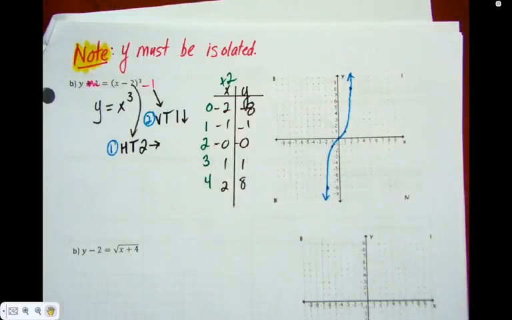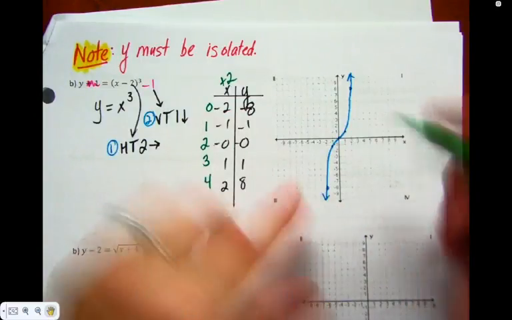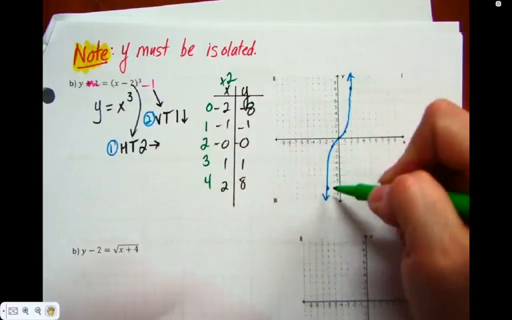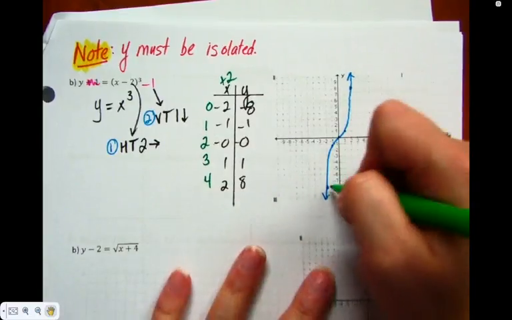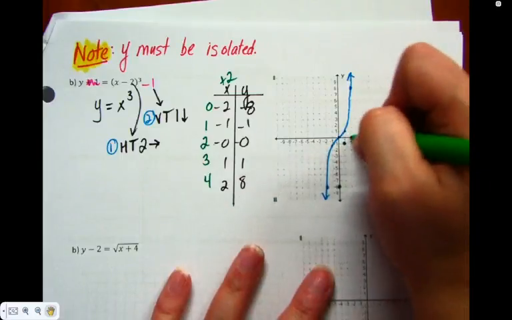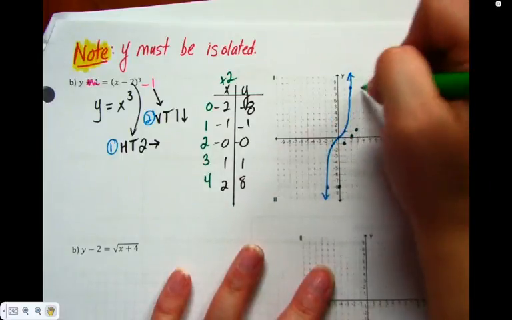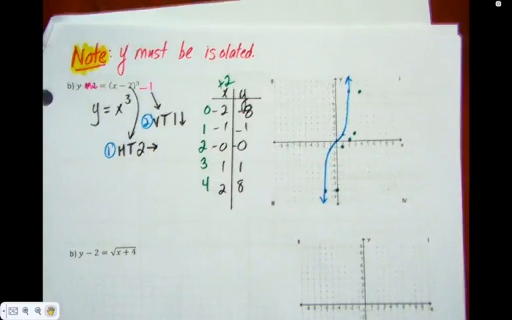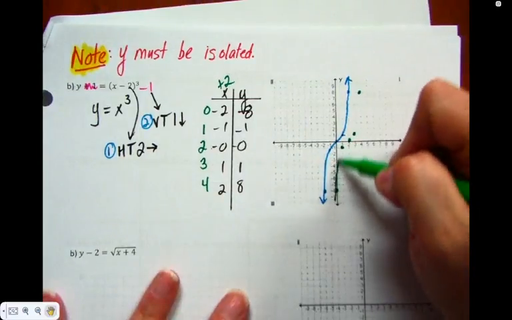So if you like the coordinate method, you can just plot those new coordinates. If you like the counting method, join me over here. I'm going to grab every point and just count 2 units to the right. Swoopy shape.